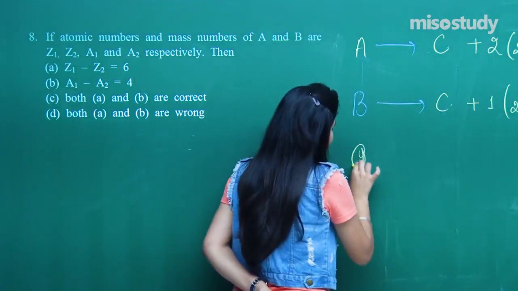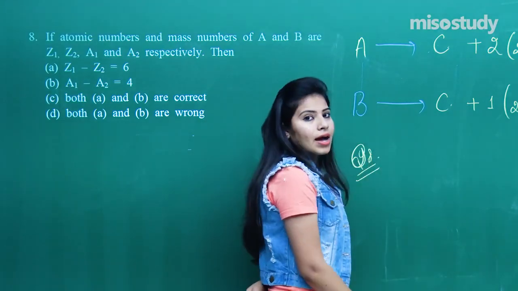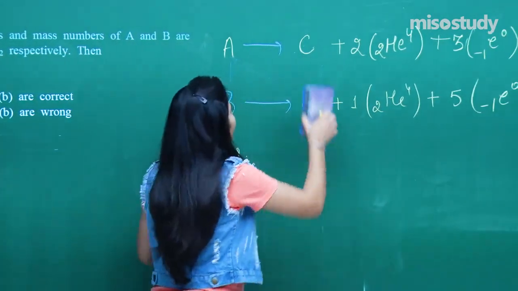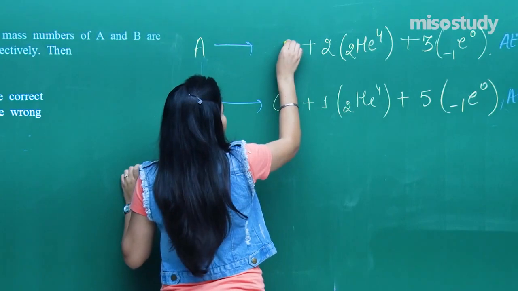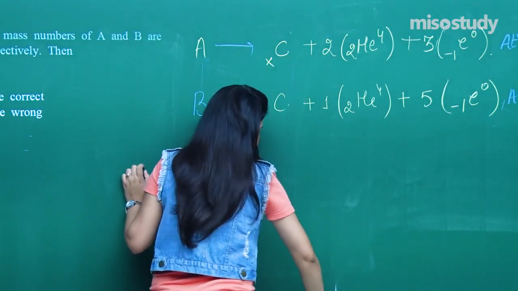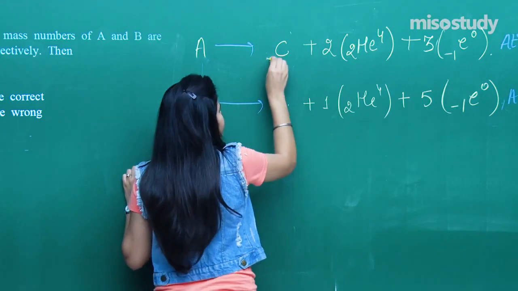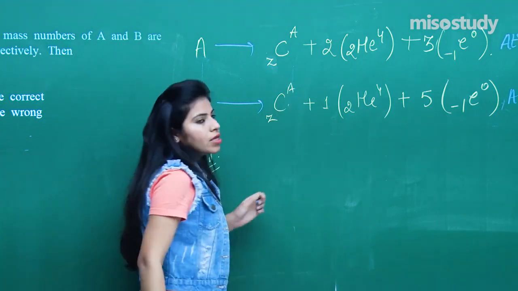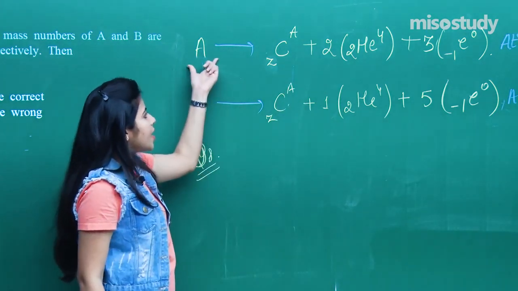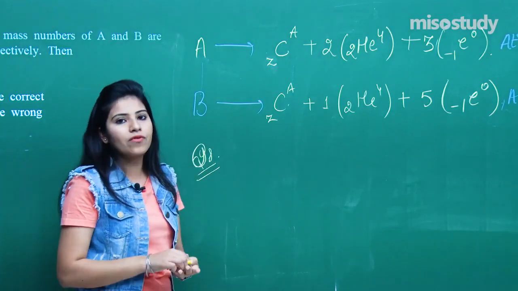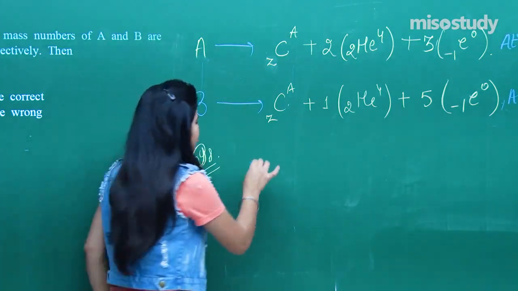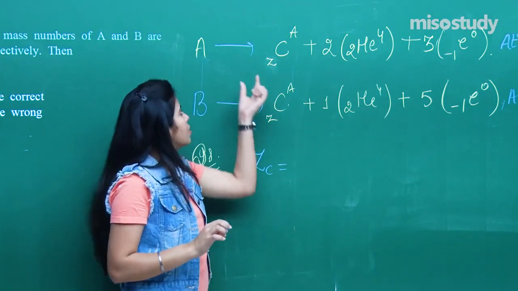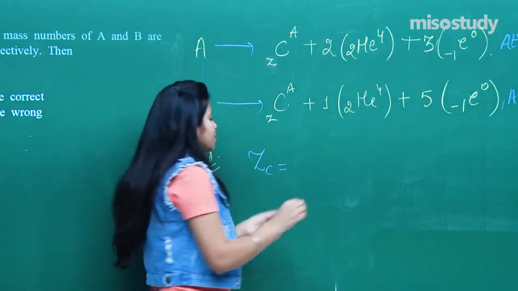You can see over here that if I talk about the C, let me just write the C as Z and A. Again, now because you can see here A earlier was having N naught number of atoms, the ZC in this case, that means the atomic number of C will be the atomic number of A, that means ZA.